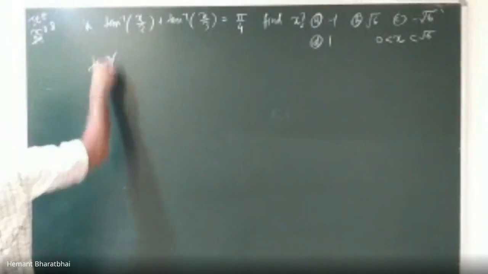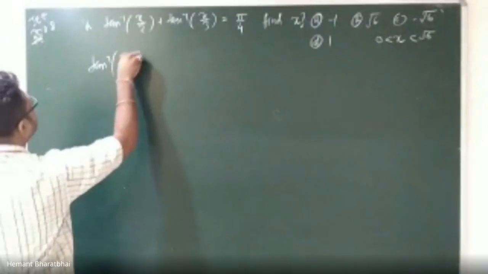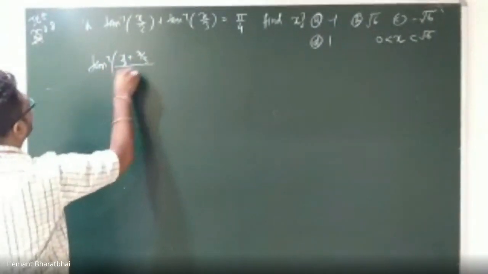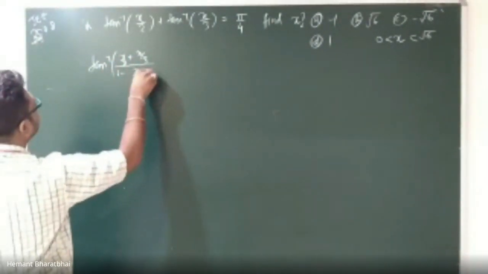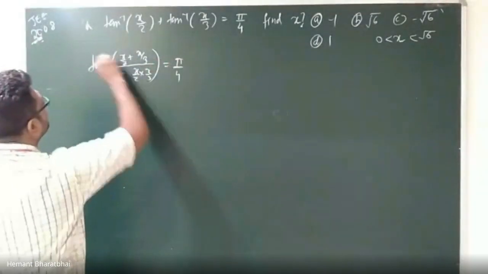So tan inverse of x plus tan inverse of y is tan inverse of x plus y upon 1 minus xy, which is equal to pi by 4.